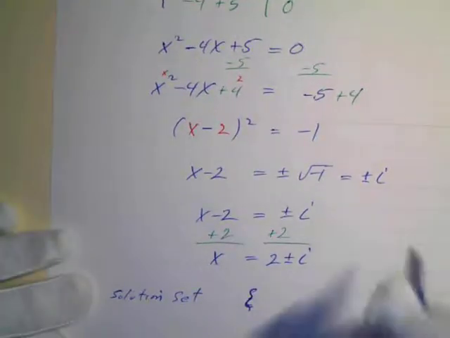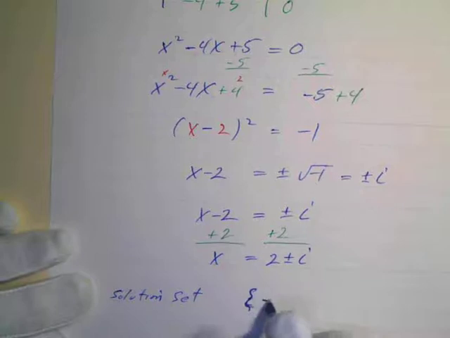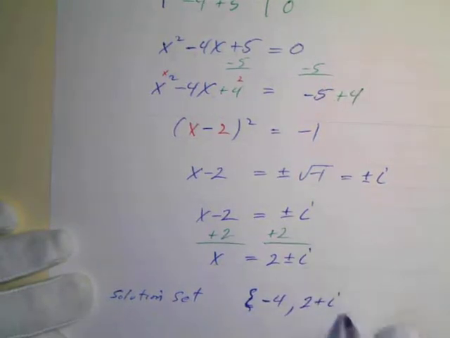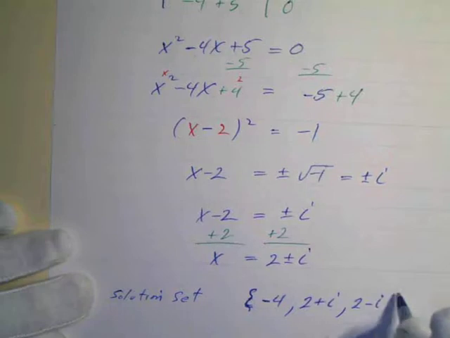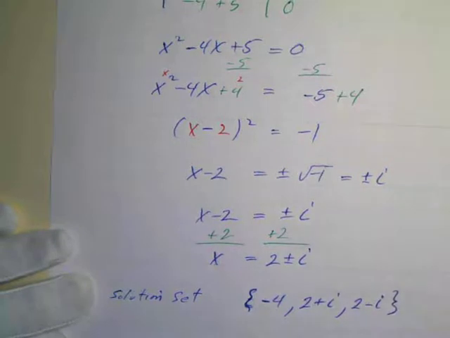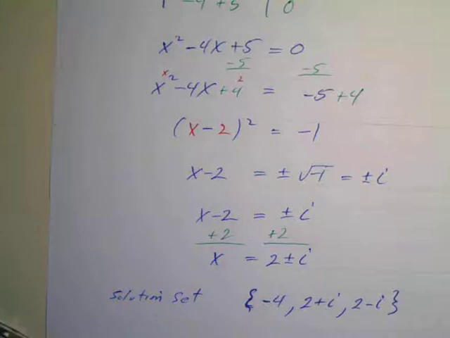My first one was negative 4. My second one is 2 plus i, and my third one is 2 minus i. And those are your three solutions, okay? And it's a set.